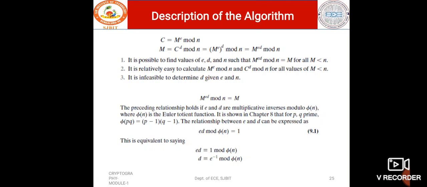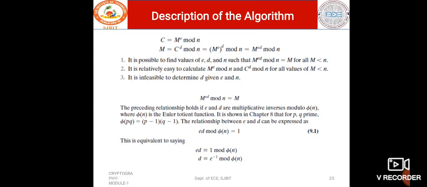This is equivalent to saying e d is congruent to 1 mod phi of n, so d is equal to e inverse mod phi of n. Thus e and d are multiplicative inverses mod phi of n. According to the rules of modular arithmetic, this is true only if d is relatively prime to phi of n. Equivalently, the GCD of phi of n and d is equal to 1. So this equation satisfies the requirement for RSA.